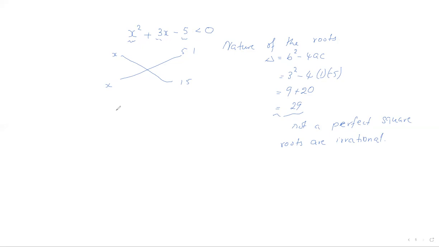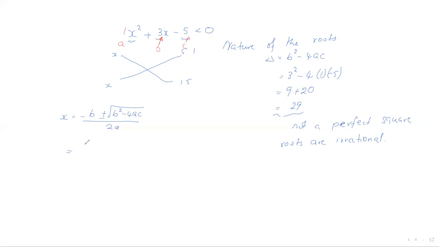So we can use a quadratic formula to get the roots, which will be x is equal to negative b plus or minus the square root of b squared minus 4ac all over 2a. Our a is a 1, our b is a 3, our c is a minus 5.